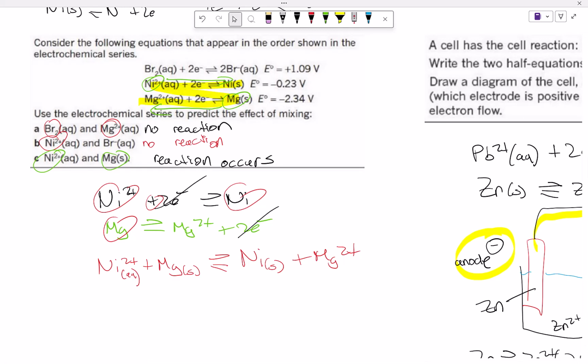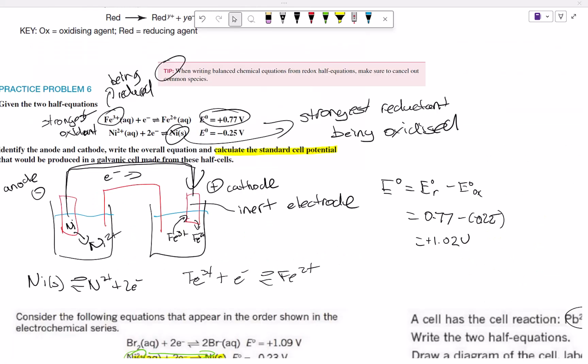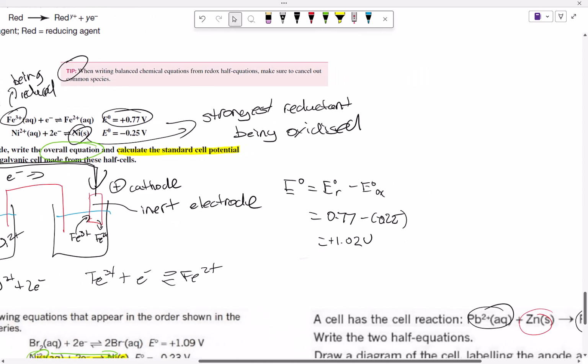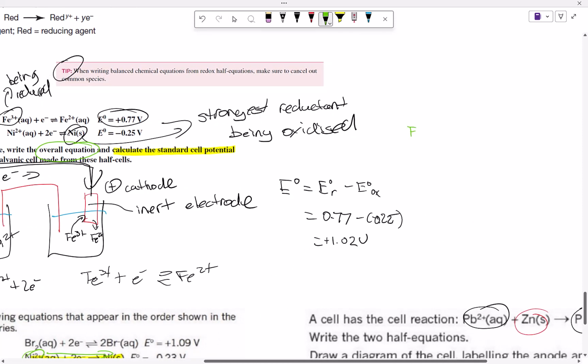One last thing, I just realized as I was answering that last question that I didn't actually answer the overall equation. So what do I need to do for that? I'm going to have to go Fe3+ plus electron equals Fe2+. The next one here is going to be Ni2+ plus 2 electrons. Oh, actually, let me rephrase that.